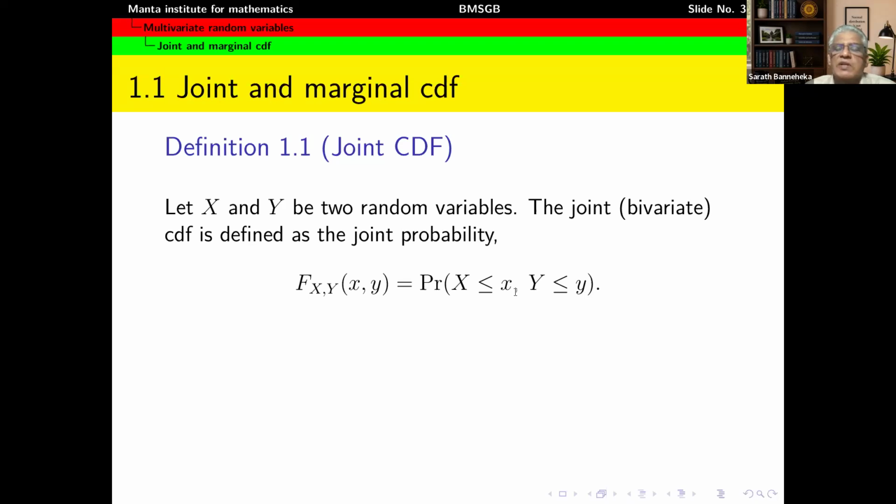But when we write down the events in terms of random variables, usually we don't use those set notations. Instead, in order to show the intersection, we use the comma. But you have to understand that here we are looking at the probability of the intersection of two events. So it's a probability.